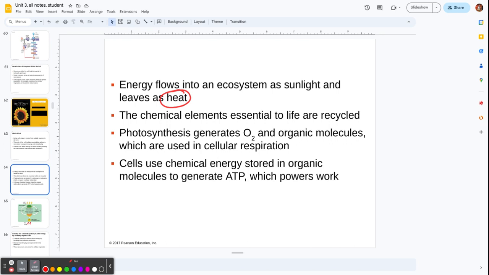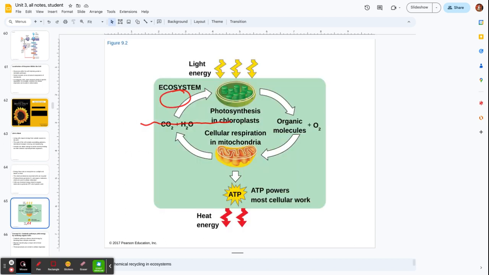But a lot of the structural components we do reuse, in terms of the elements. We reuse those elements over and over again. The thing is, to put them together, we have to use energy to recombine them in a way that is helpful for us. And that's shown actually on this next photo, which is kind of a simple one, but it is important. It illustrates what's going on in our ecosystem.